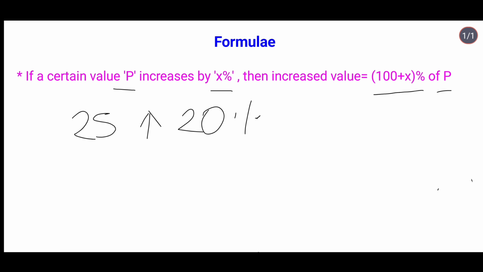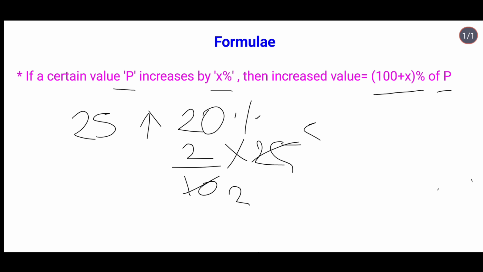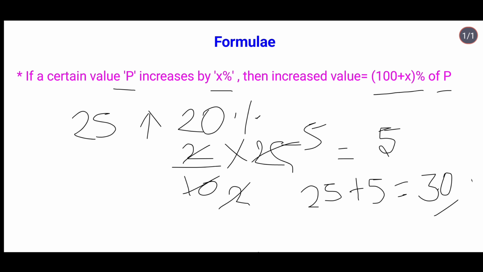That means 20% of p, that is 20% of 25, is 2 by 10 into 25. 5 twos are 10, 5 fives are 25, cancelled. That is 5. So, previous value is 25 plus the increased value 5. Therefore, the increased value is 30. You can solve it in both ways.